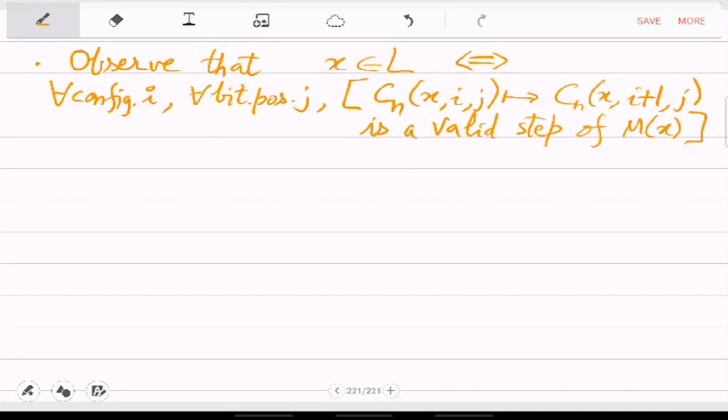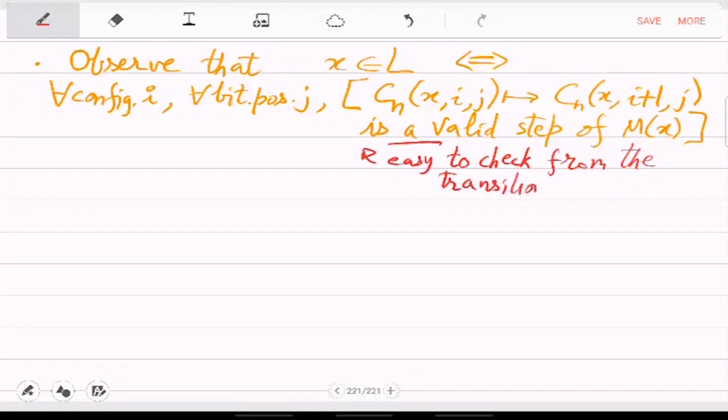Look at the transition function basically. From there it will follow. So this can be easily checked from the transition function delta M, whether this is a valid step.